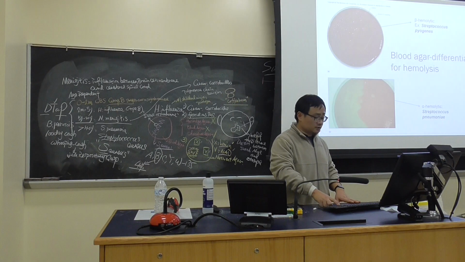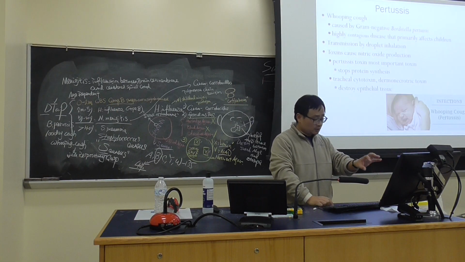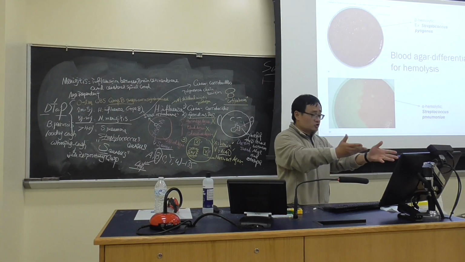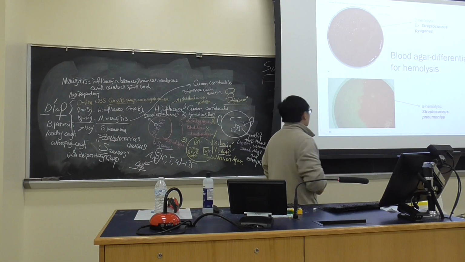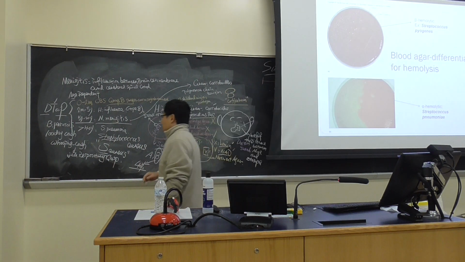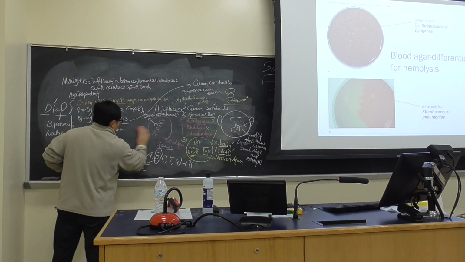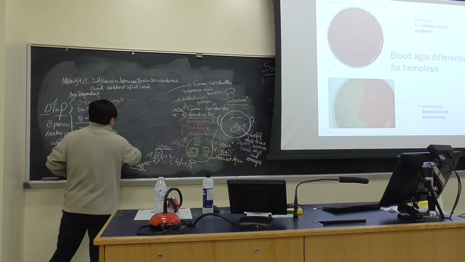Remember the characteristic is whooping cough. Okay, this slide is important, and I said this slide gives you the conclusion for two things. Number one, this tells you it's a blood agar.